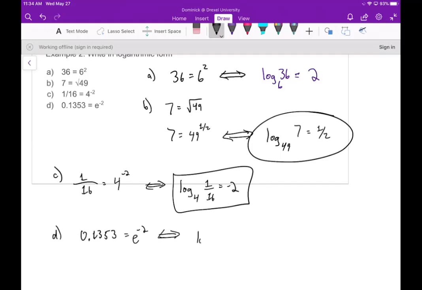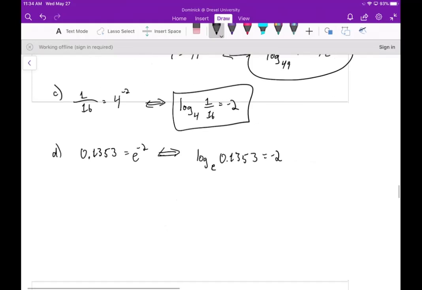So this would become a log base e of 0.1353 is equal to negative 2. And of course, if you wanted to, since this is a log base e, we could say even that this is natural log of 0.1353 is equal to negative 2. Either one of these would be good.